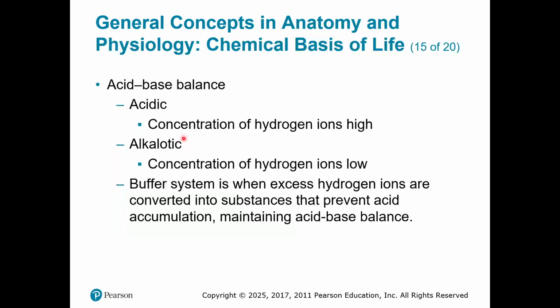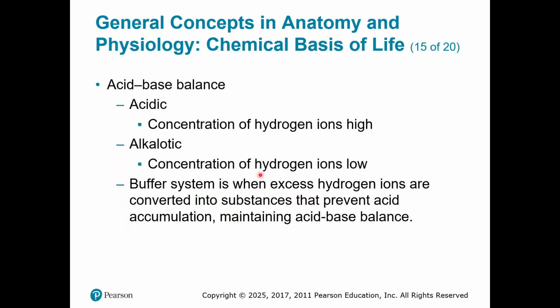Acid-base balance. So an acid is a concentration of hydrogen ions. So if you have a lot of hydrogen ions, you're going to have some acid. Now, an alkalotic is a concentration of hydrogen ions that are low.